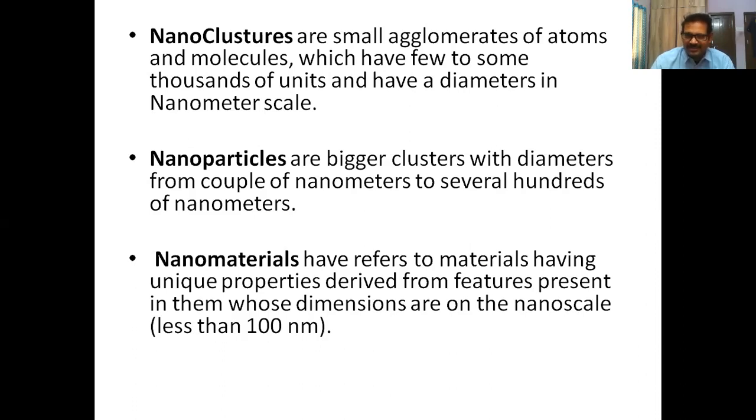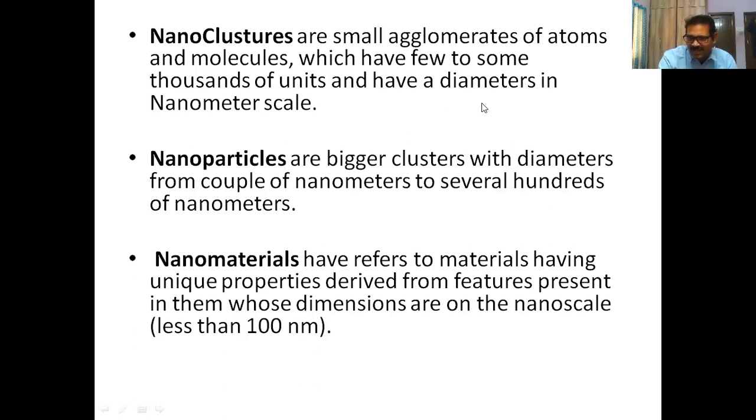We all know that atoms combine to form molecules. In this way, atoms or molecules, when they are agglomerating, form small clusters. We call them nanoclusters, especially when the atoms or molecules have a few to some thousand units in which the diameters are in nanometer scale.